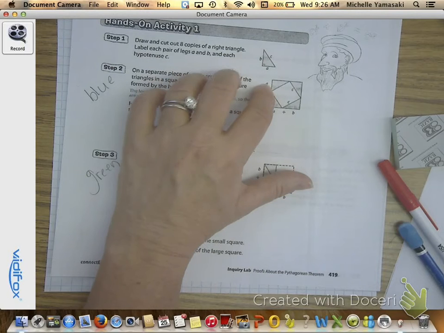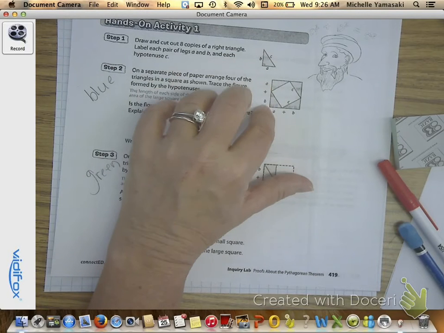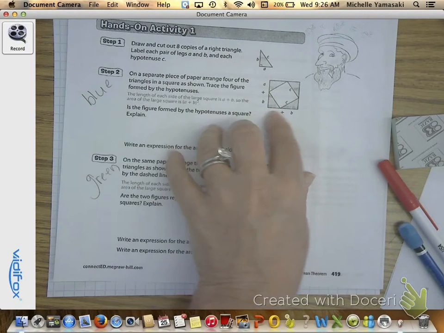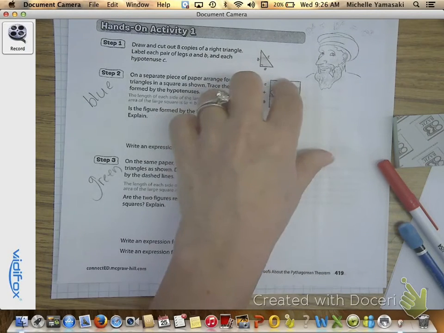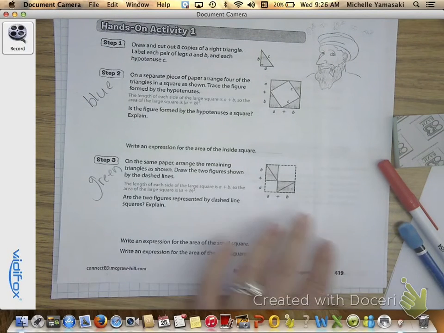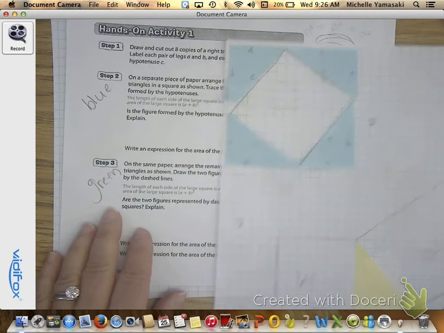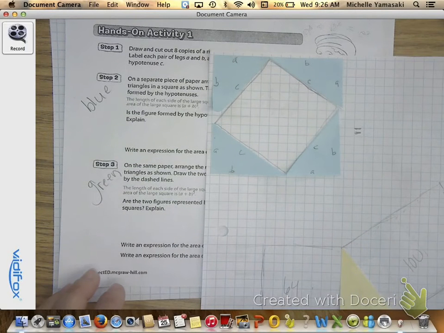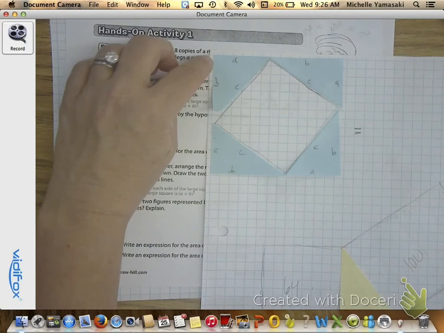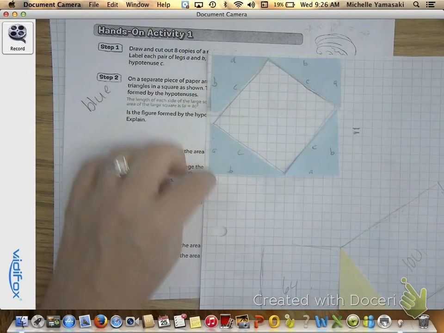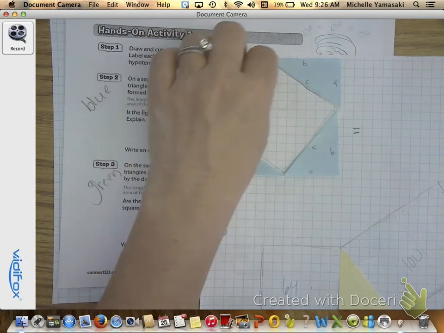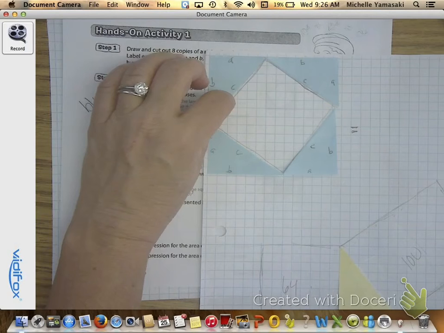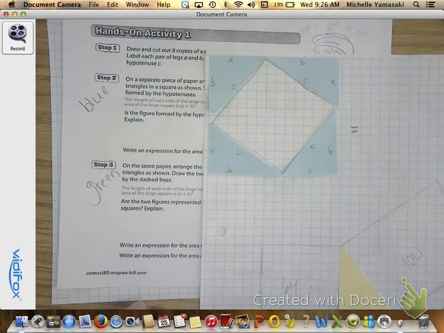So if this is an A, this is a B. If this is a B, then this has to be your A, and this has to be your B. Okay, so it's going to look somewhat like this. Notice I set up a B and an A here, where this is my A, and my C is on the inside. So it should look like this.